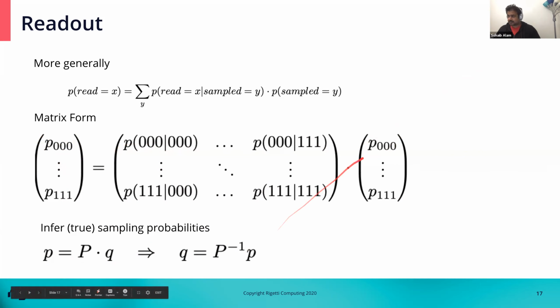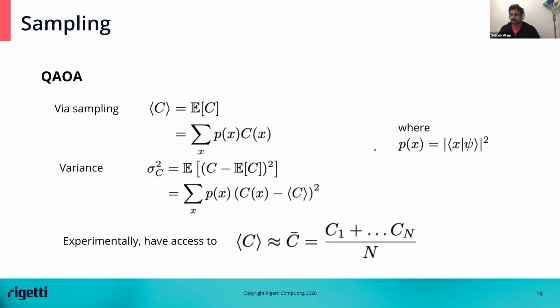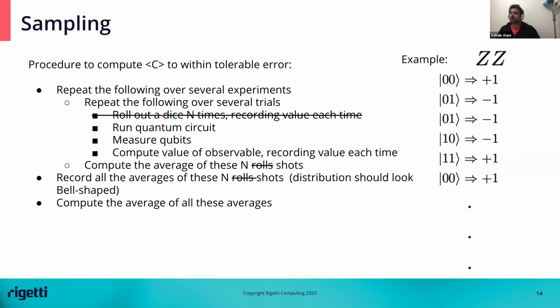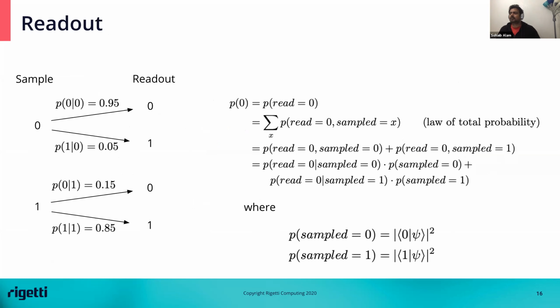At that point, you can go back to your expression for the expectation value and plug in these true probabilities, knowing what the value of the observable is in each configuration. And that will give you a much better idea of what the true expected value of this observable should be. So, any questions about readout errors?